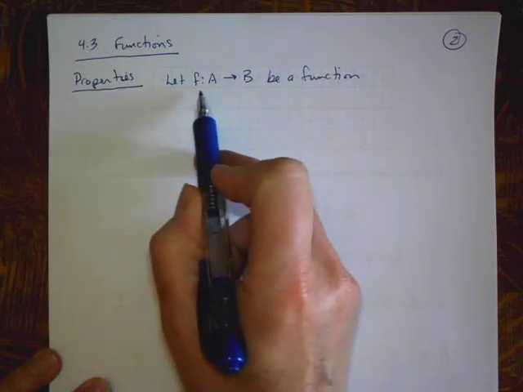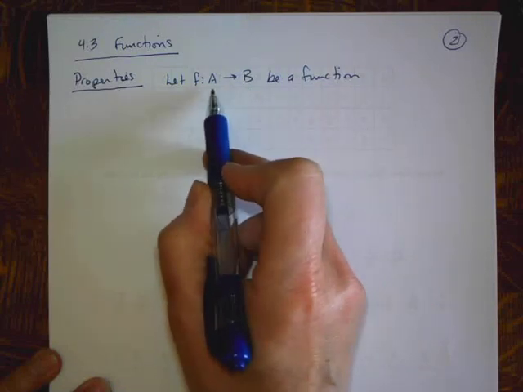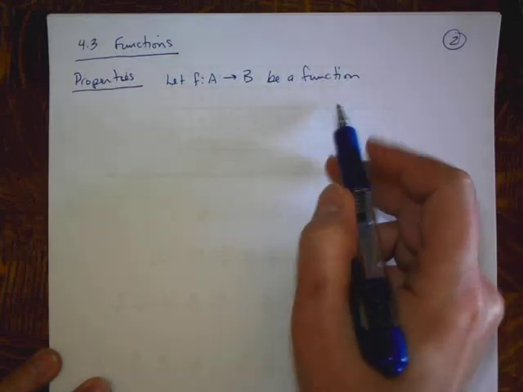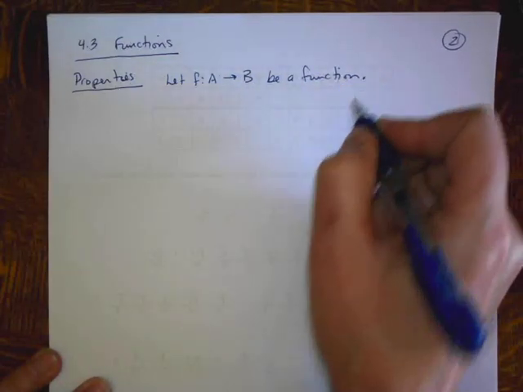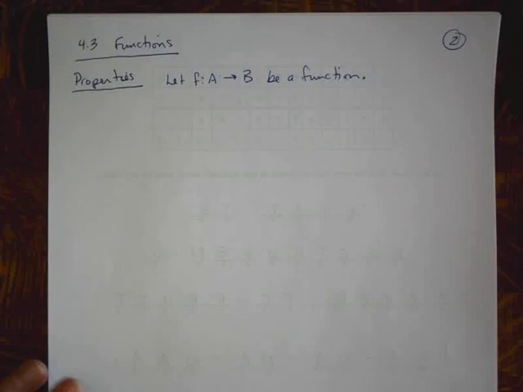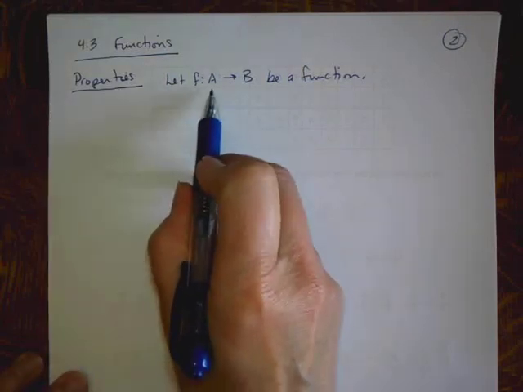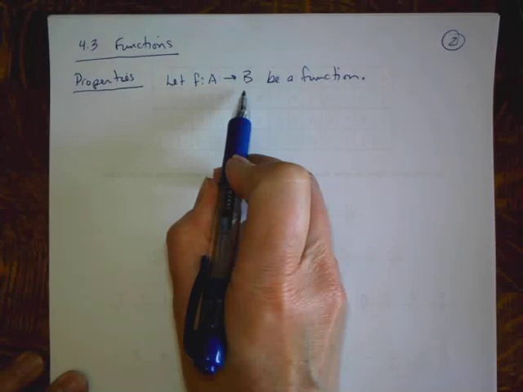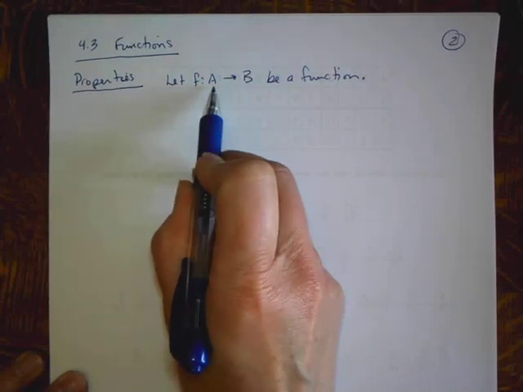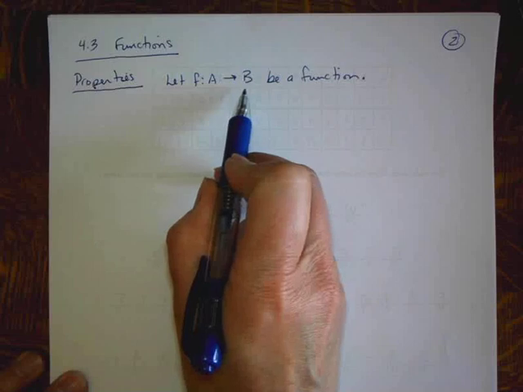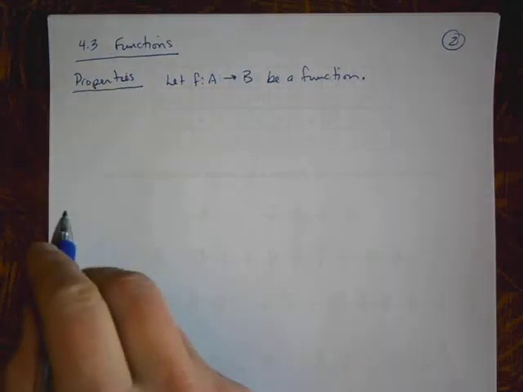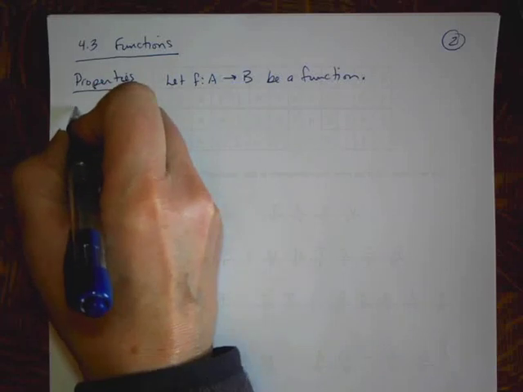So let's go ahead and let f from A to B be a function. Notice how I write that. A is the domain, B is the codomain. If f is a function, then I know it satisfies the two properties where every element in the domain gets mapped to an element in the codomain, that's existence, and every element in A gets mapped to a unique element in B, just like we talked about.